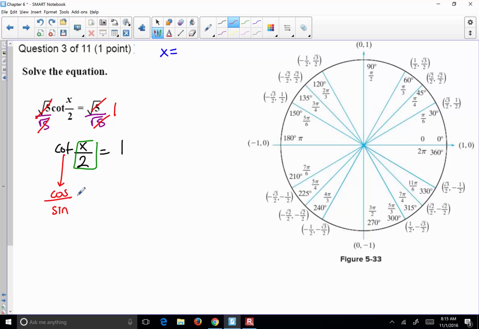So you're looking for an angle here, cosine of x over 2, whatever angle is here, their ratio is going to be 1. So you take two values here, take their ratio, like 1 over 2 and root 3 over 2, and it has to be 1. For example, can this be this angle? Is the ratio of 1 over 2 and root 3 over 2 equal to 1? No way. This is 1 over root 3.